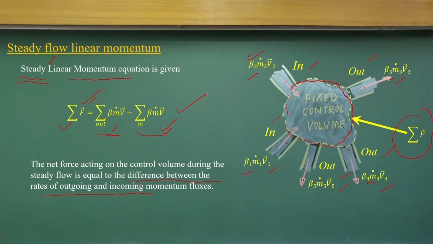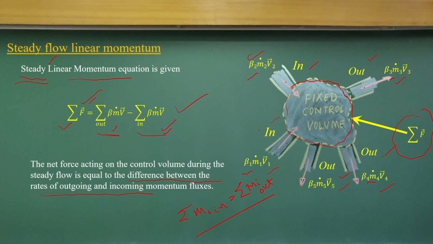You can easily find that if it is a steady problem, the net mass influx coming in should be equal to the net mass outflux going out. Whatever the sum of the mass influx coming in, that should be equal to the sum of the mass outflux going out from this control volume.